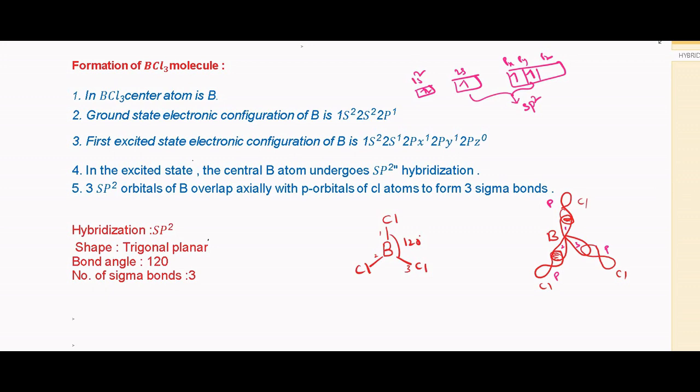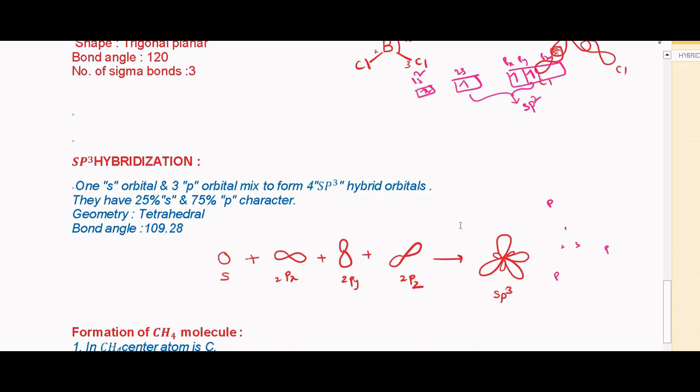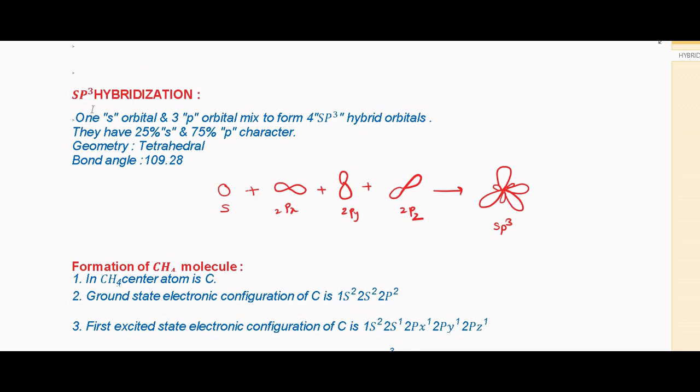Coming to sp3 hybridization. What happens in sp3 hybridization? One s orbital and 3 p orbitals participate and mix to form 4 sp3 hybrid orbitals. In sp3 hybridization, s character is 25% and p character is 75%.